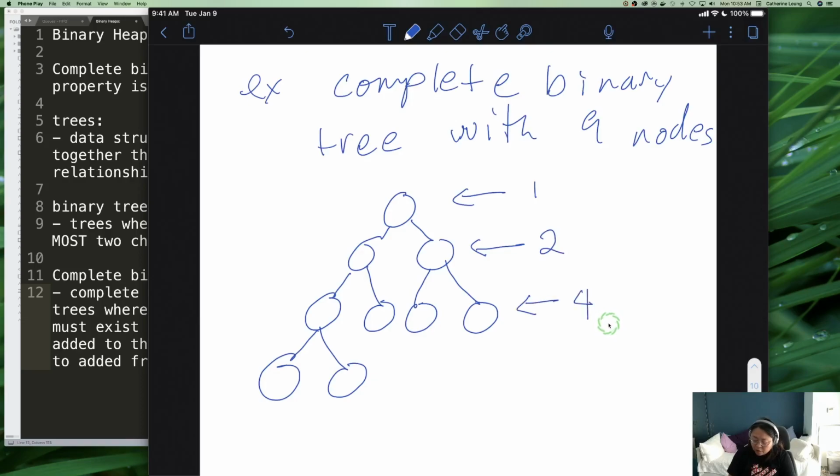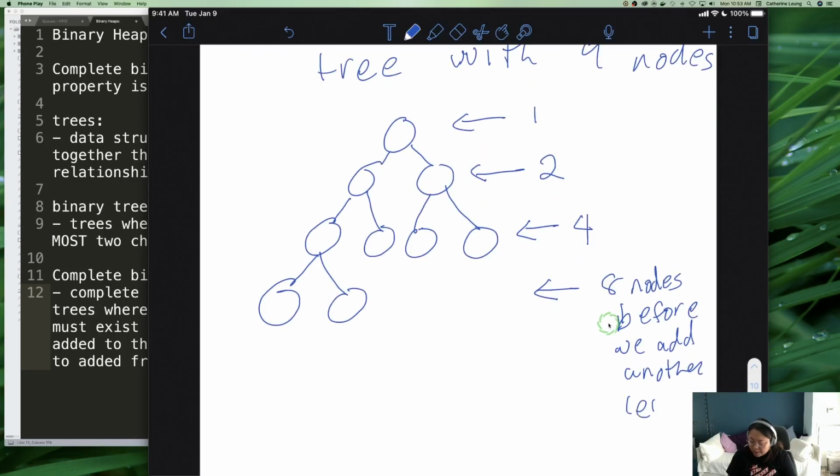This level has 4. This level will be 8 nodes before we can start on the level after that. Before we add another level, we actually have to fill out this entire level completely. Okay, this is a really important idea.